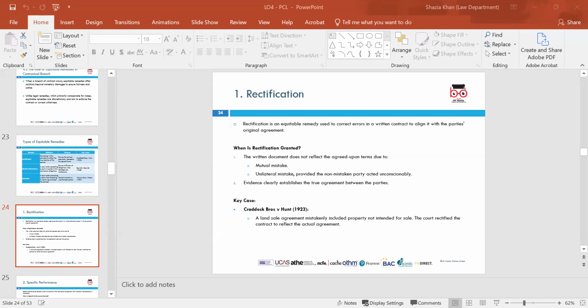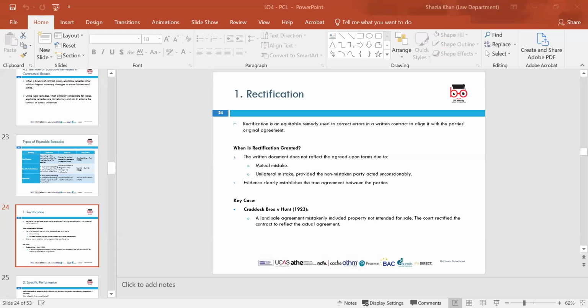This is obviously where the courts will rewrite the terms of a written agreement in order to correct a mistake and restore parties to their original bargain. So they would look at rectification here and why there's a need for it, and also make sure that if there's any sort of mistakes made, the contract is gone back to the original one.